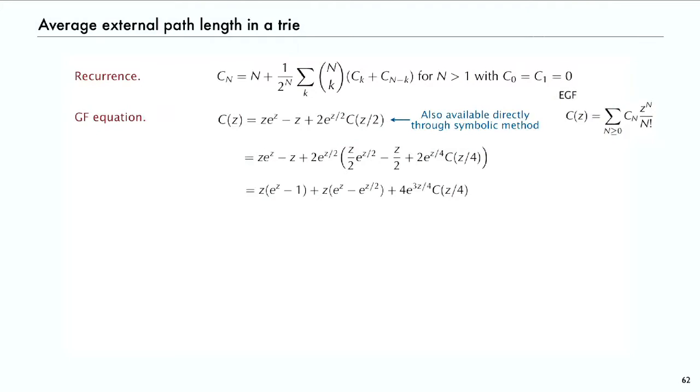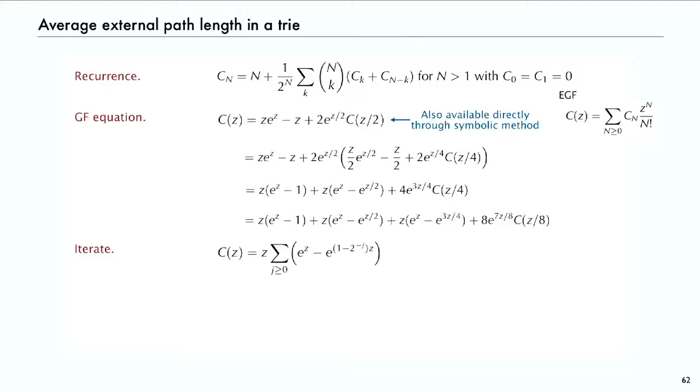And simplify, so that's just collecting terms, but we still have an equation that we can iterate. And in another step, you can see the pattern: what we're going to wind up with is z times e to the z in every case, and then we have the declining z over 2, 3z over 4, 7z over 8, and so forth.